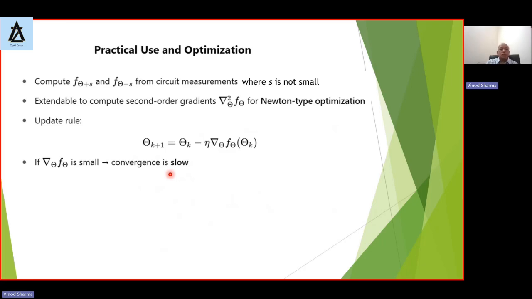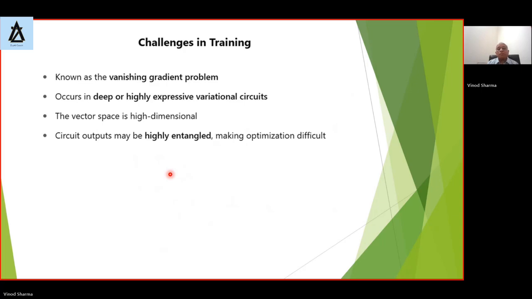There are more issues with these training algorithms. This above issue that we talked about, where the gradient is small, is known as the vanishing gradient problem, and convergence is slow. It can occur in deep or highly expressive variational circuits. We talked about all kinds of variational circuits, and when their parameters are large, they can become very expressive, and we may want some expressiveness so that f theta represents a large class of functions in a good way.